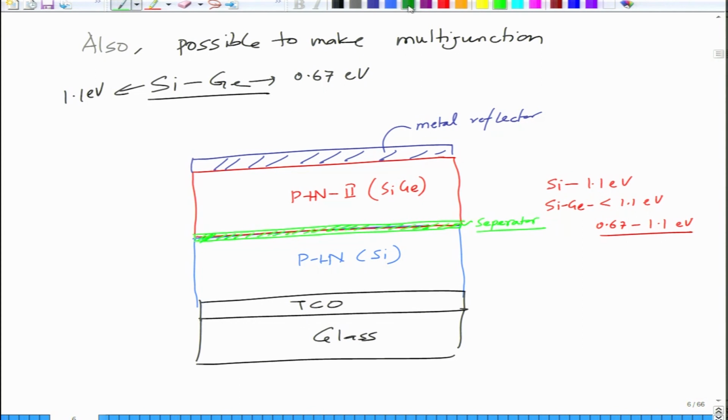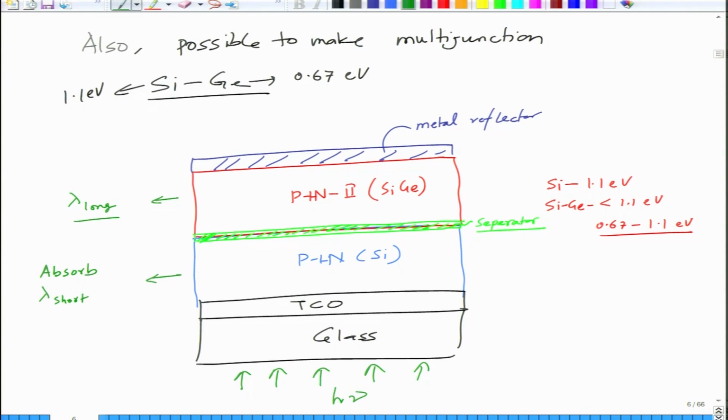Now this solar cell allows you to absorb light. Since the band gap of this layer is higher, light comes from here, and this allows you to absorb short wavelengths, and in this case you absorb long wavelengths. So the amorphous silicon design allows you to make a multi-junction solar cell with a bilayer or trilayer structure depending upon how many stacks you want to make.